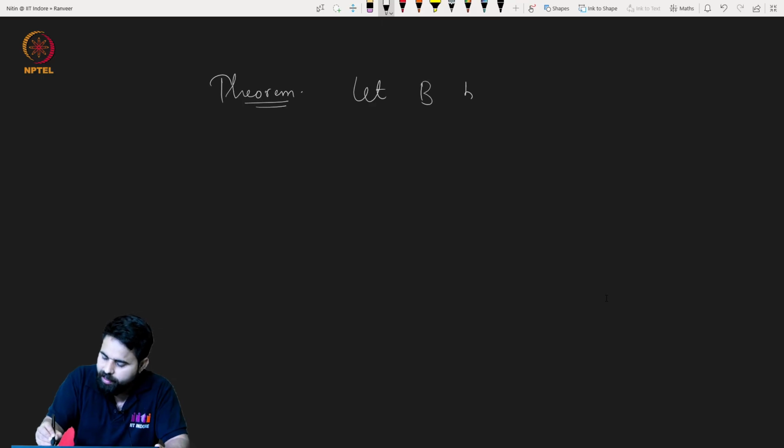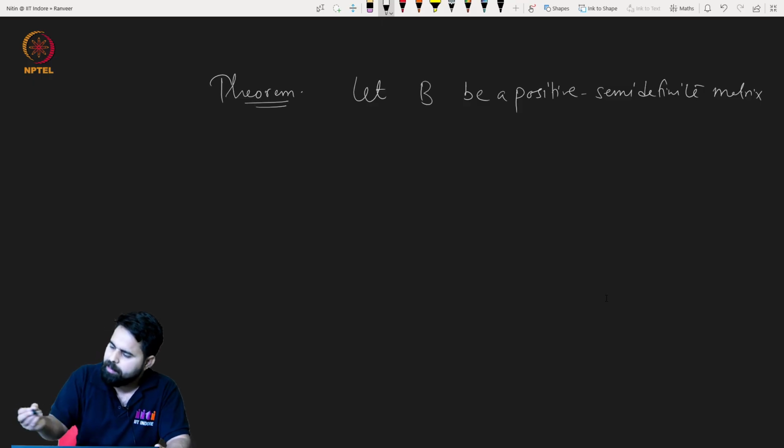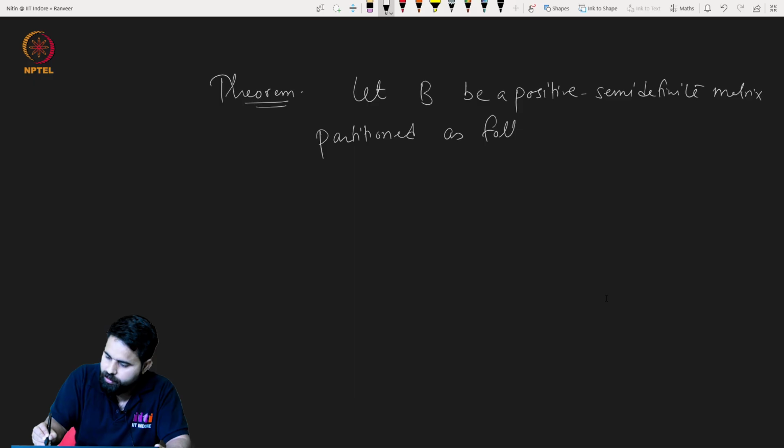Let B be a positive semi-definite matrix, partitioned as follows.